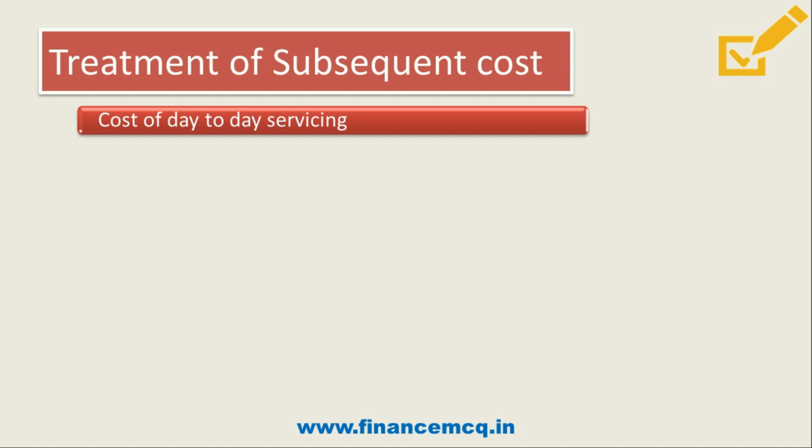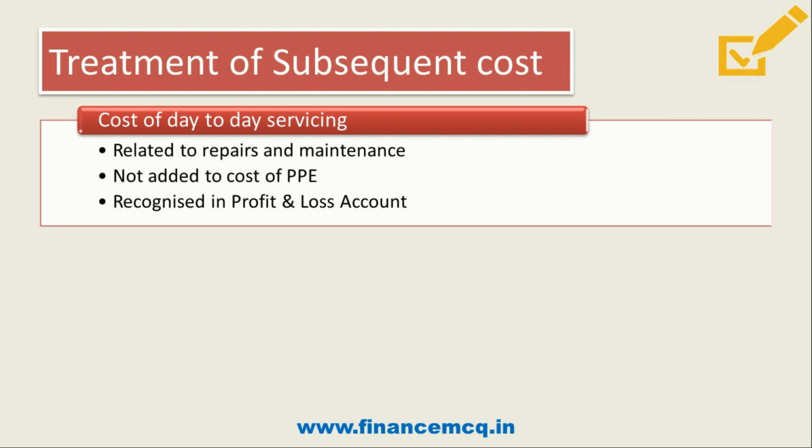So how will this servicing cost be treated? It will be considered as repair and maintenance cost and will not be added in the cost of an asset or PPE, and it will be recognized in profit and loss account, that is, the cost of repair and maintenance will be transferred to profit and loss account as an expense.